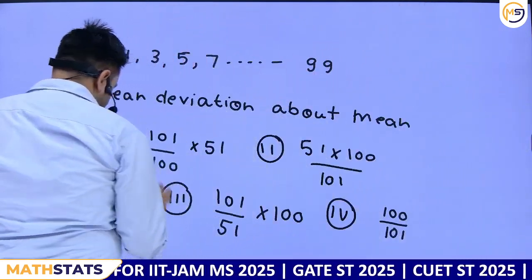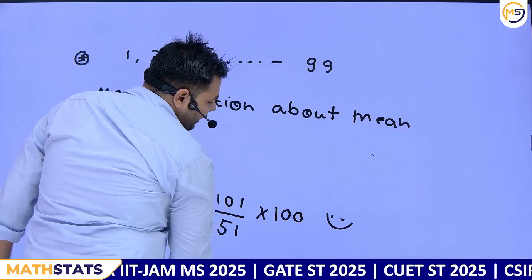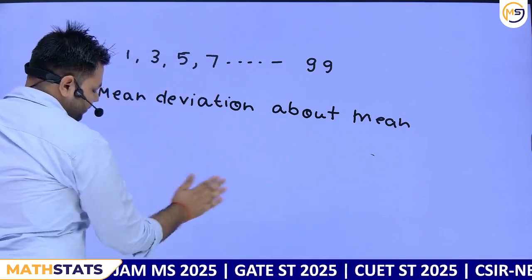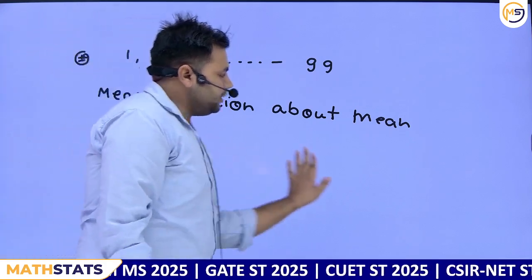Wait a second. Wait. Not these option are not any option is not true. Okay. These any option is not true.